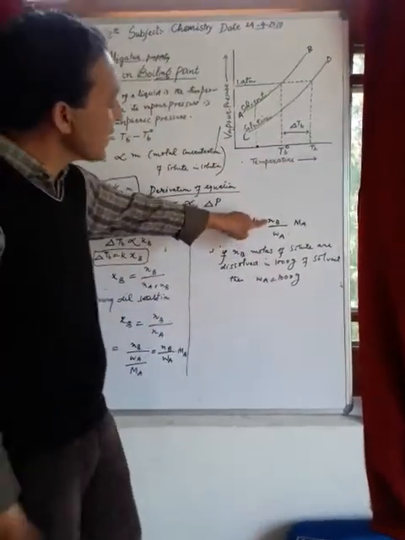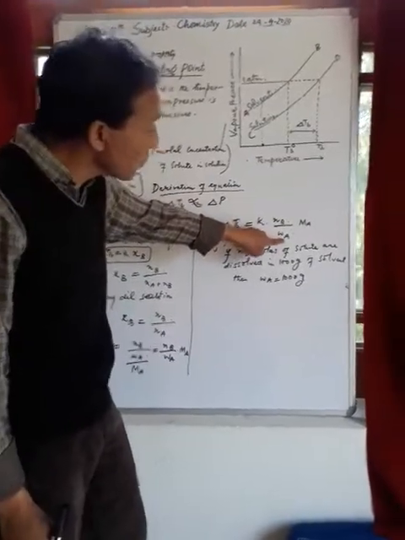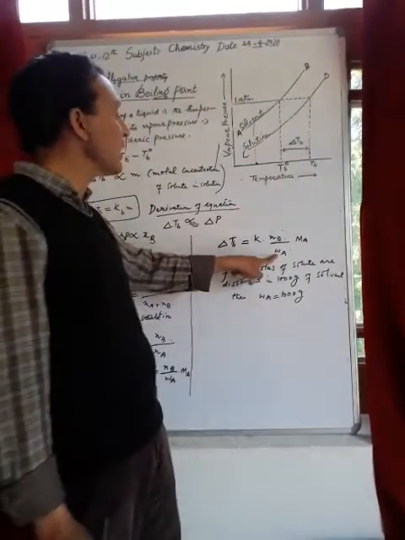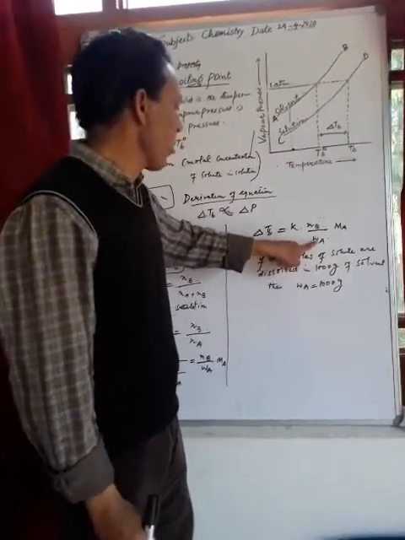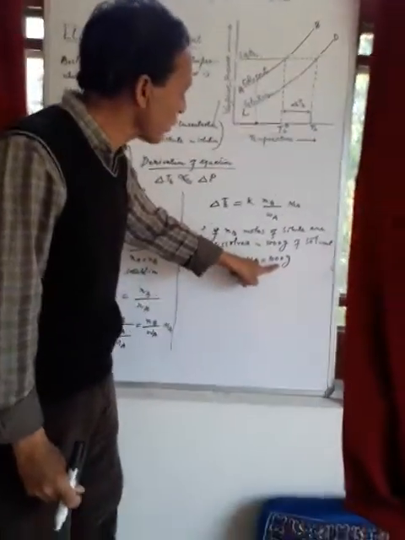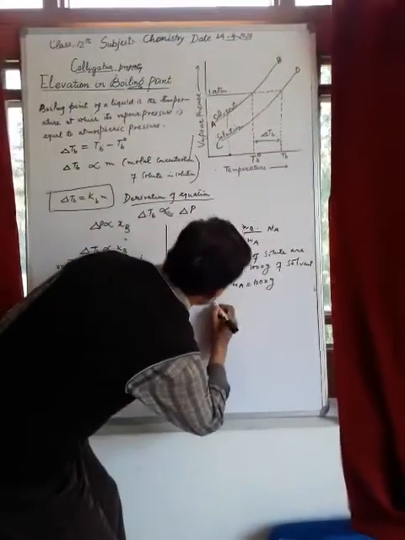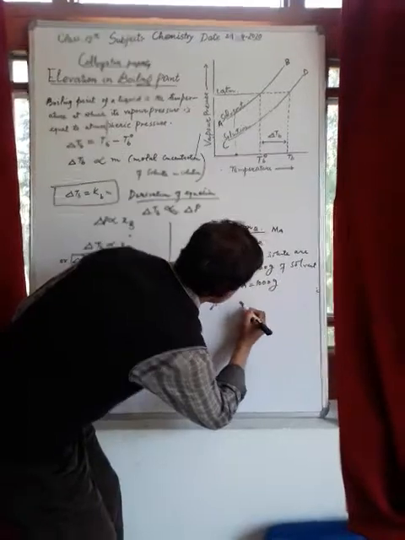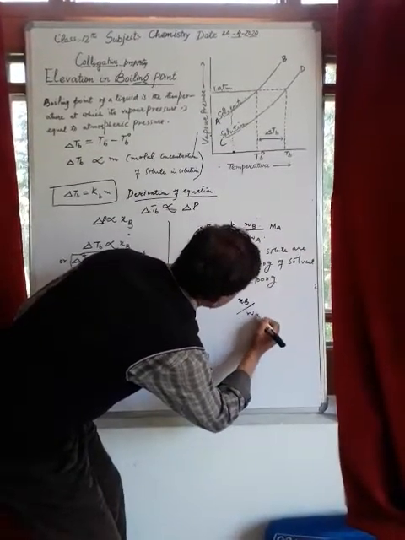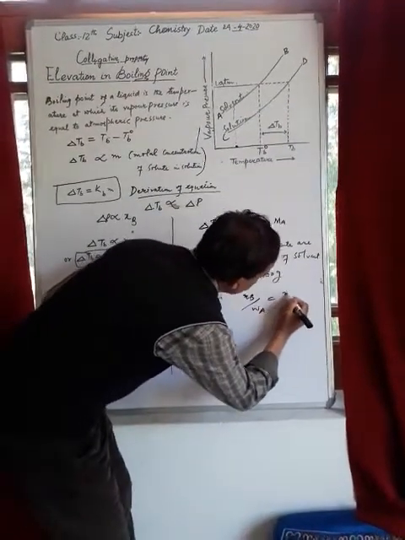We are dissolving the number of moles in Wa grams of the solvent, and if we take the mass of the solvent equal to 1000 grams, then Nb divided by Wa is equal to M.